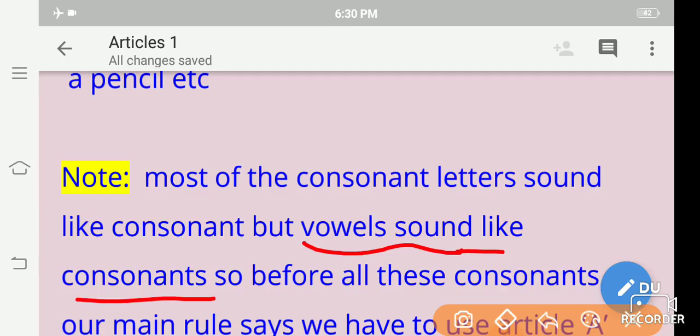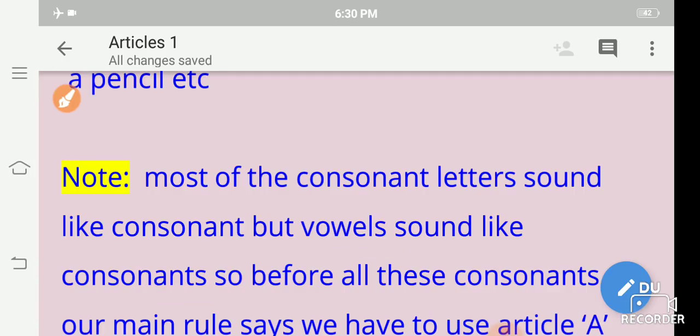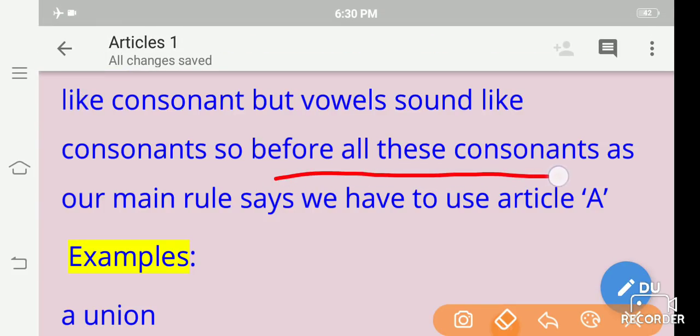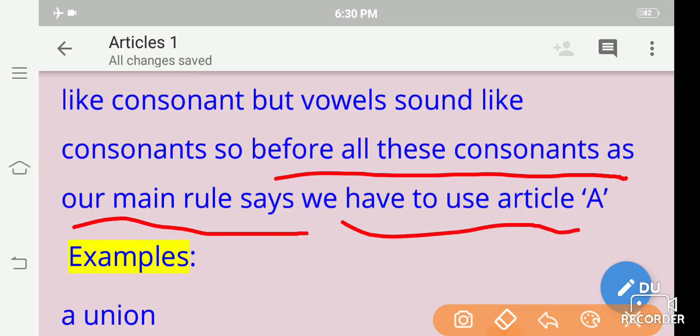So friends, before all these consonant sounds, as our main rule says, we have to use article a, even though the word has a vowel in the beginning. Let us see the examples so that we can clear our doubts, friends.